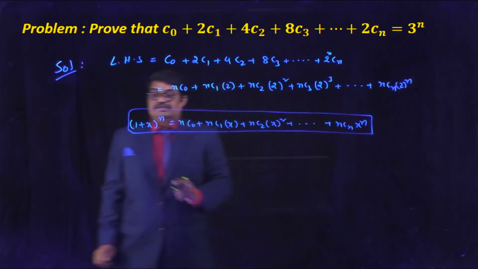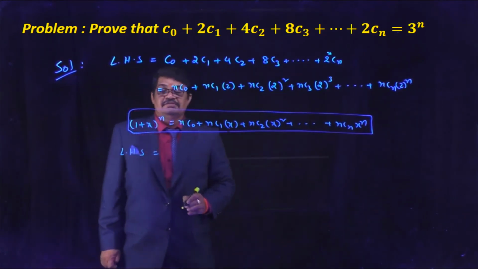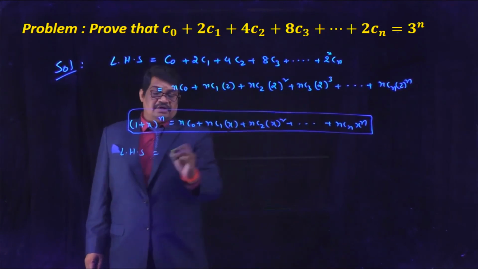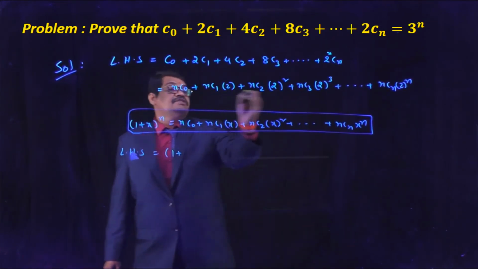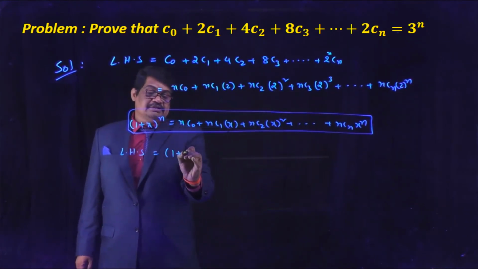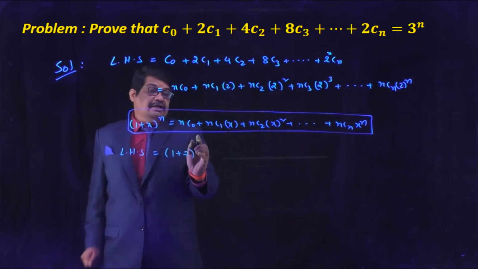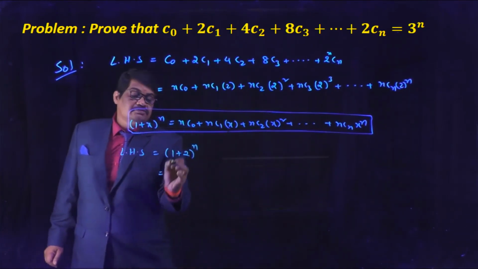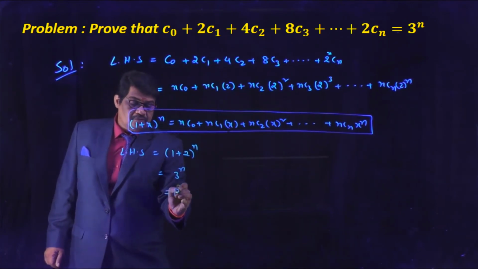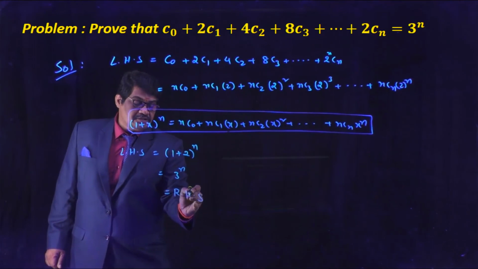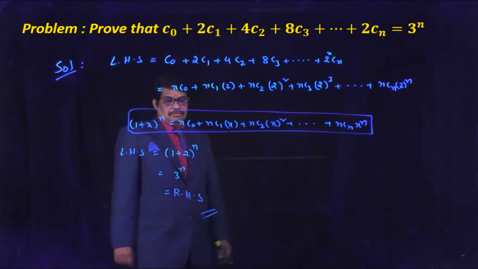Then this LHS, the series, can be written as 1 plus x, in the place of x is 2, that is 1 plus 2 to the power of n. That is 3 to the power of n. That is our proving result, that is RHS. So LHS is equal to RHS. It is a simple theorem.